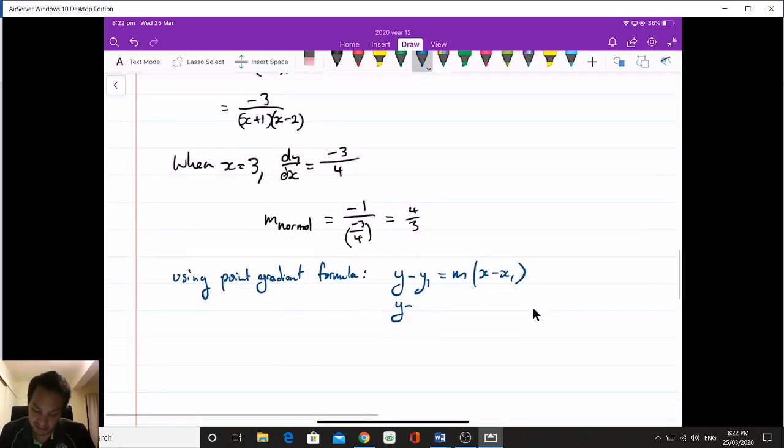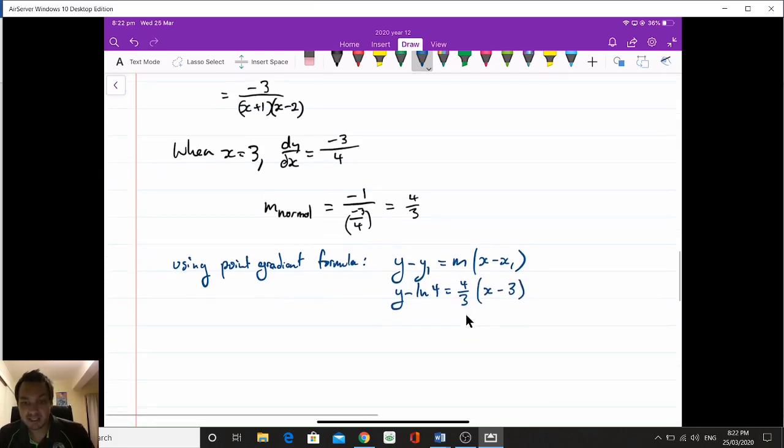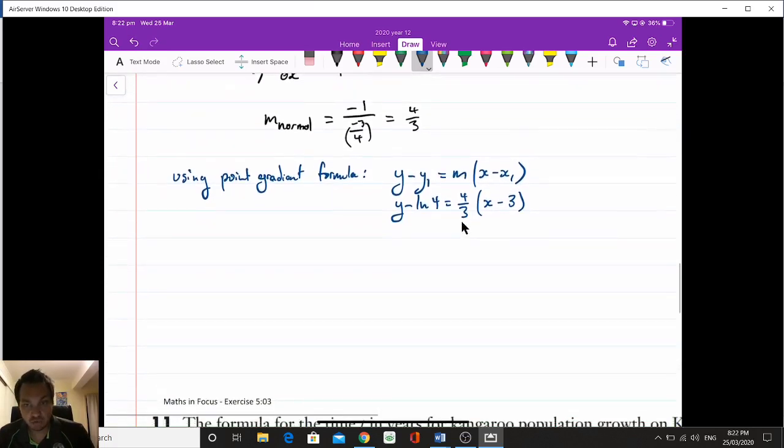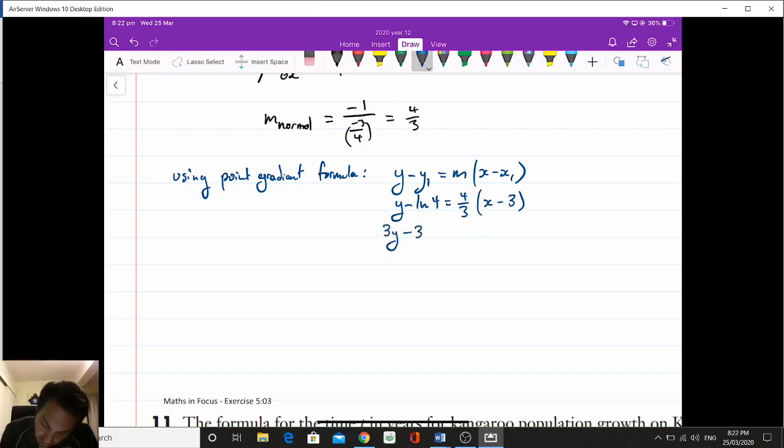So y minus ln4 is equal to m, so 4/3, over x minus 3. Okay, we can't leave a fraction in our general form, so I'll multiply both sides by 3. So 3y minus 3 ln 4 is equal to 4x minus 12.